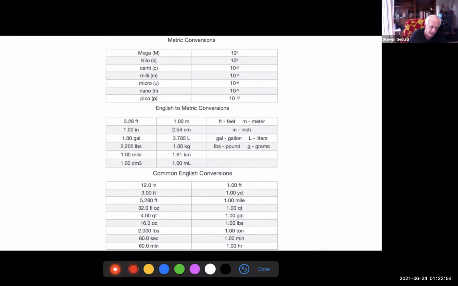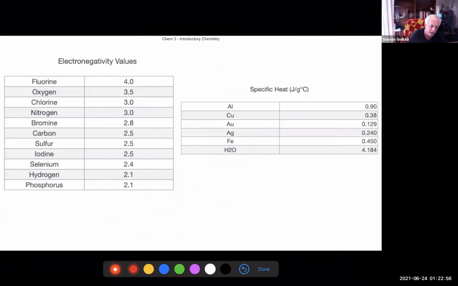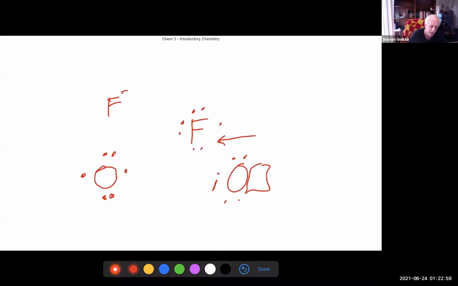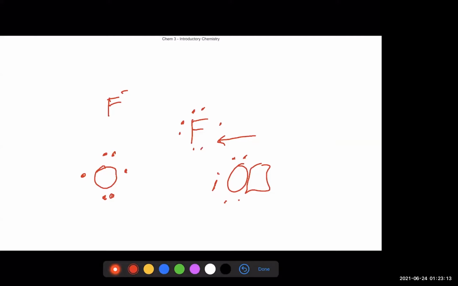So let's see, how about carbon? Look at carbon on the periodic table. How many valence electrons, how many dots would you put around carbon? Four. Perfect. Carbon has 4 valence electrons.